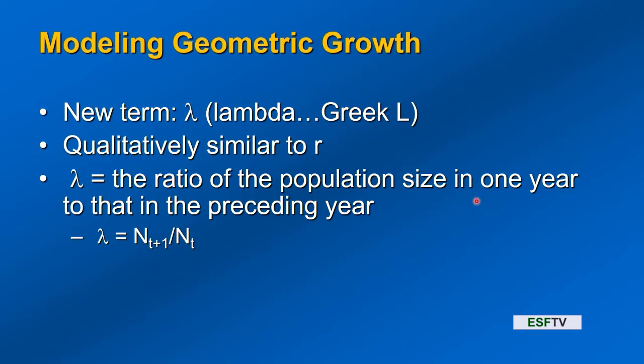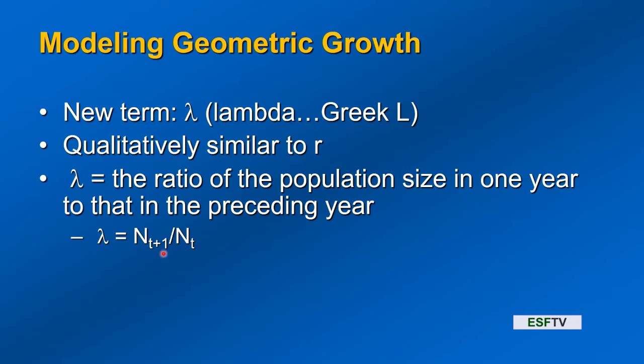So the new term lambda, Greek L, is qualitatively similar to r, our intrinsic rate of increase from the exponential growth model. And I'll dig into that more in a bit. It's super easy to calculate, though. It's the ratio of the population size in one year to that from the preceding year.